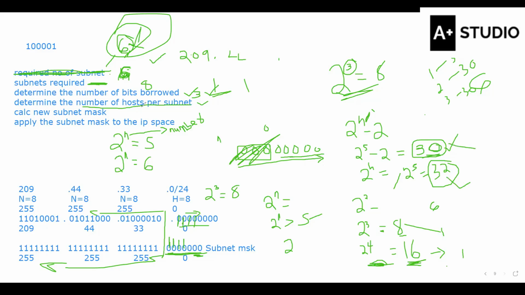They can give you a follow-up question asking what the usable or assignable hosts in that particular network are. That is 30, but the number of hosts per subnet is 32, not 30. Okay, so let me clean this and then let's move on to the next question.